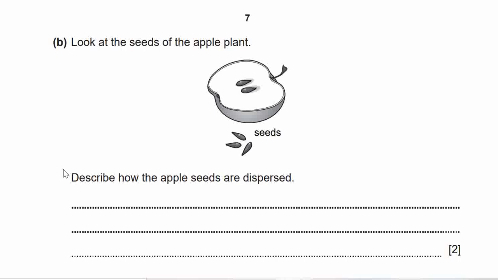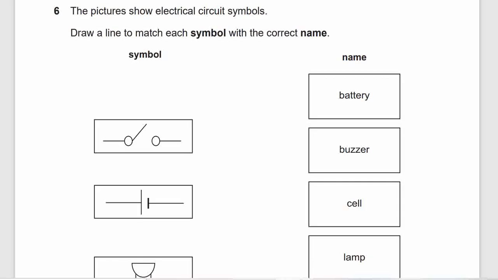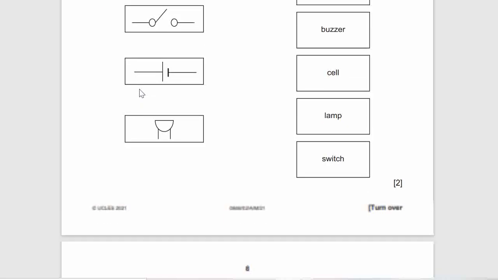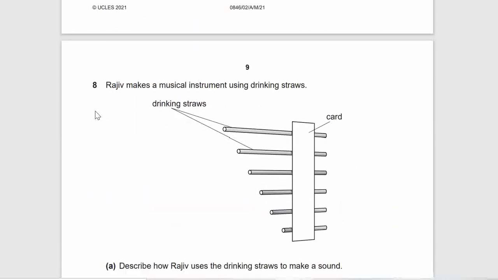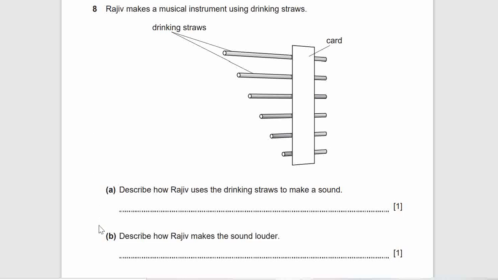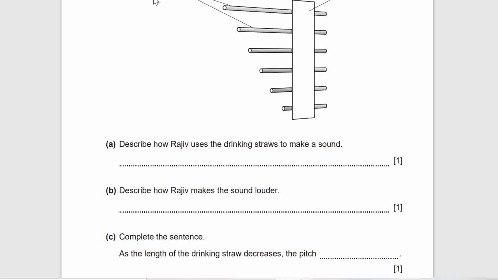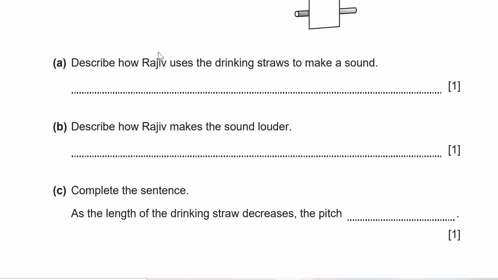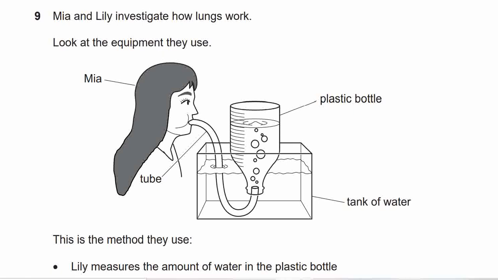Let's move on to question number 6. This is it. Zoom out. This is the whole question for number 6. And this is number 7A and B. Next, let's move on to question number 8, A and B, and then this is 8A, B, and C. Next, let's move to question number 9.